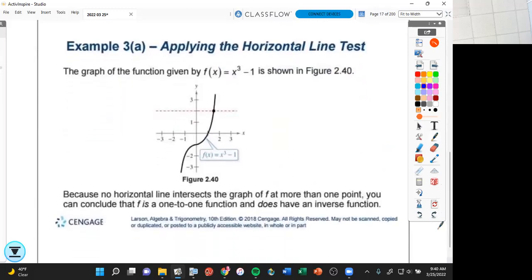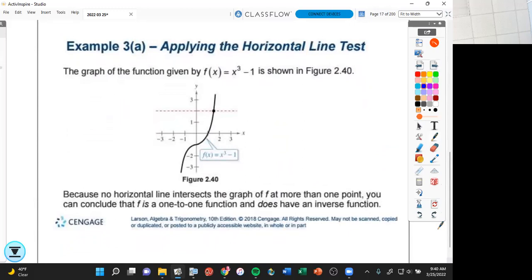Here's the graph of x cubed minus 1. Does it pass the vertical line test? Yes. Does it pass the horizontal line test? Yes. Can I find an inverse? Yes.